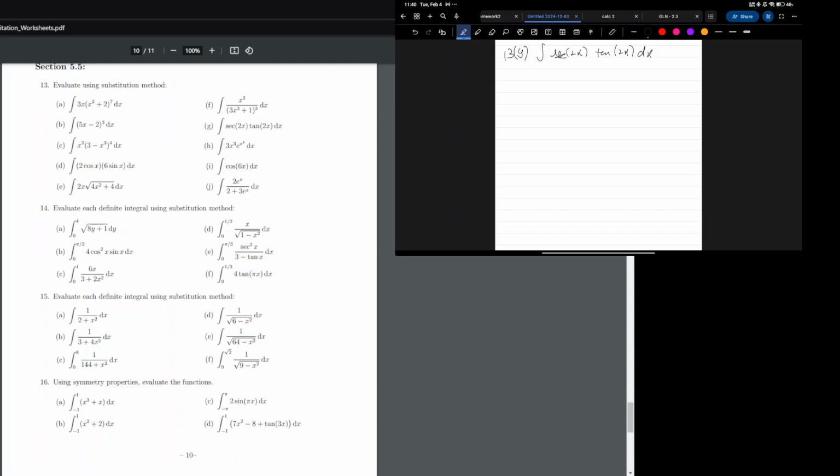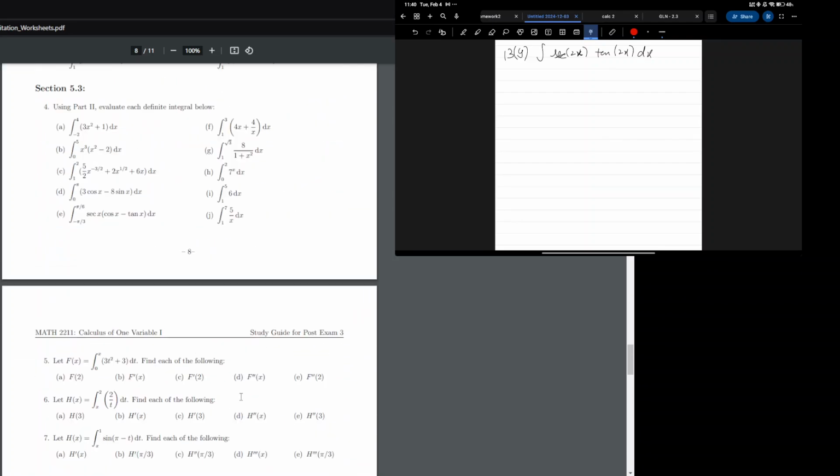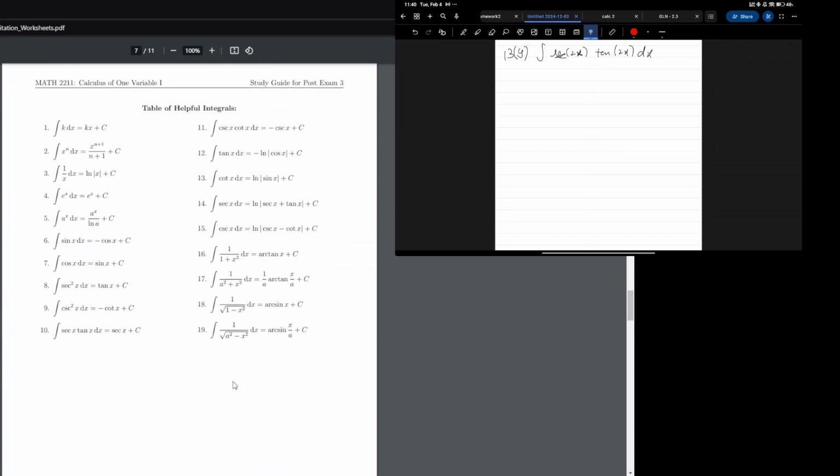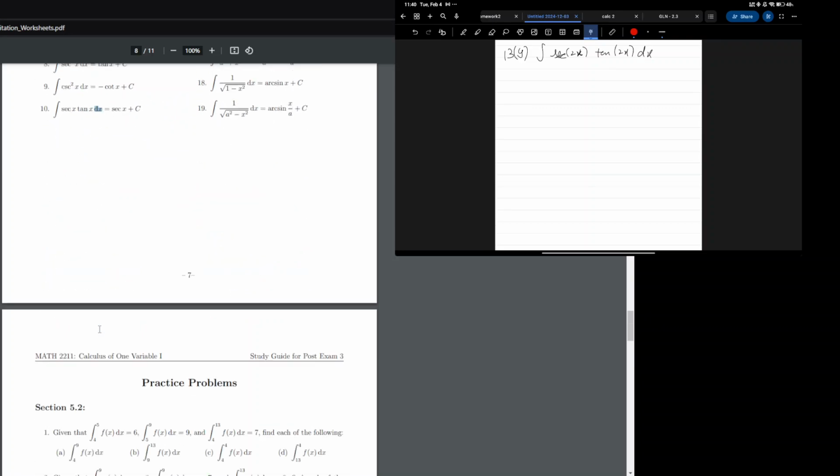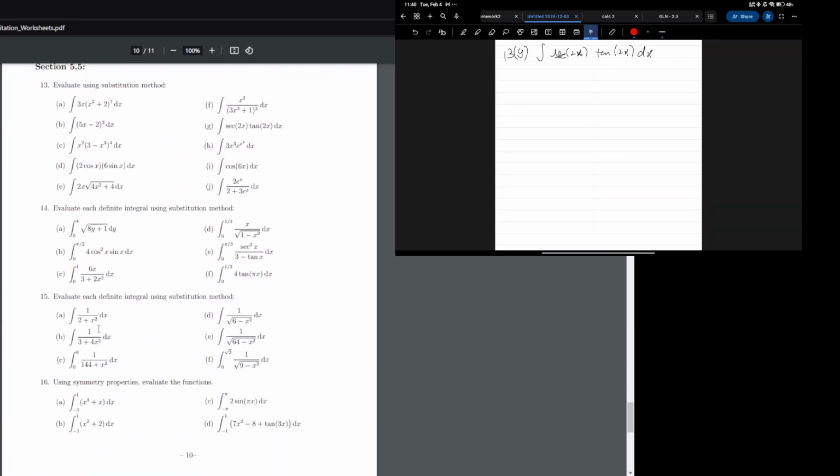Over here, the thing I want to take my substitution as is the variable inside. Now I know from my chart that the antiderivative of secant x tan x is secant x. Make sure that the angle is only x. It's not 2x, and it's not d2x, it's just dx. So that's why we will have to use substitution in this case.